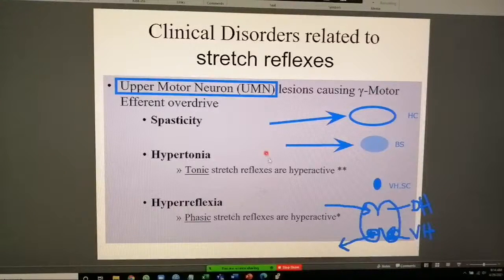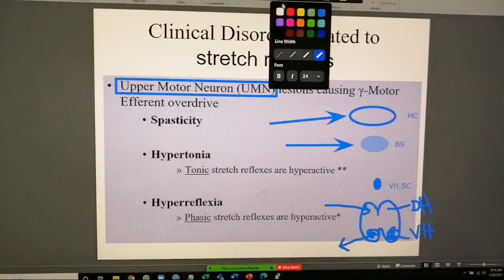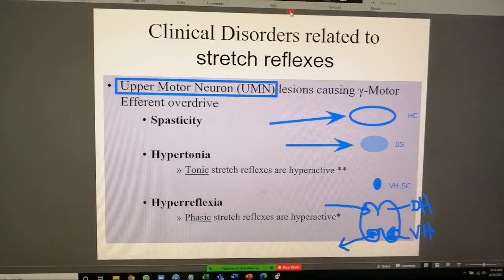Please remember the following. This will come in very handy for you, not just for neurophysiology, but also neuroanatomy.